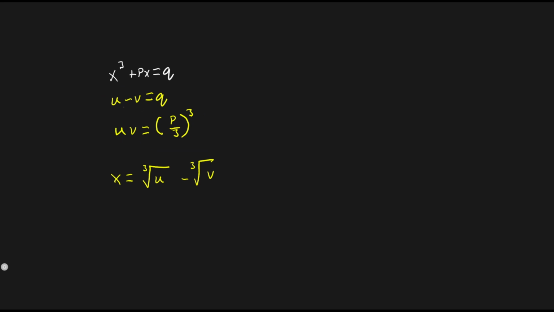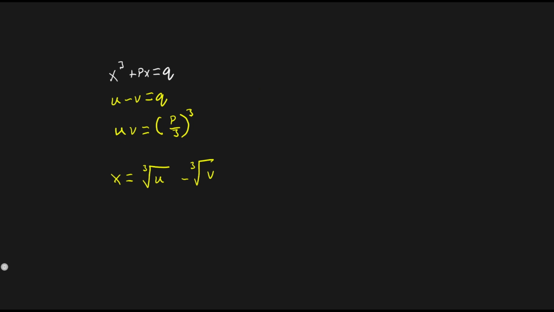But in this example, you want to solve for v, because if we solve for u, we're not going to get our answer from this equation. Instead, we will have to switch the sign, where we have x is equal to the cube root of v minus the cube root of u, which is why it's better to just solve for v.